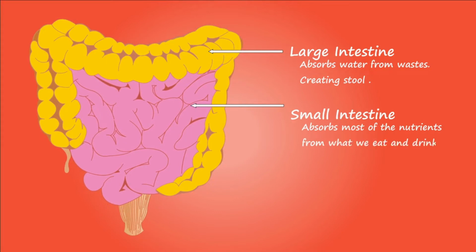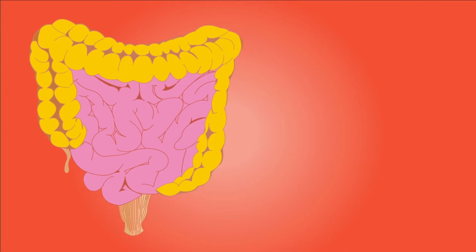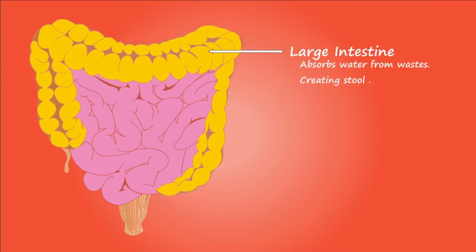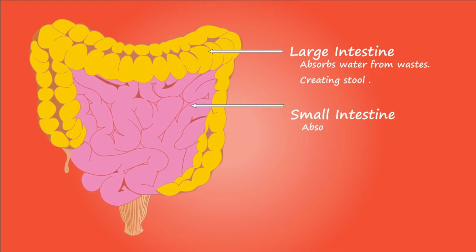The food which escapes undigested from the duodenum is completely digested in the jejunum and ileum by a group of enzymes contained in the intestinal juice.